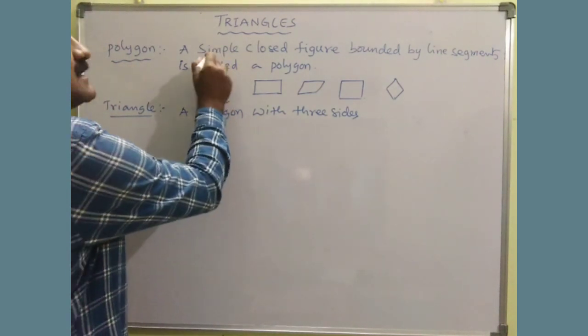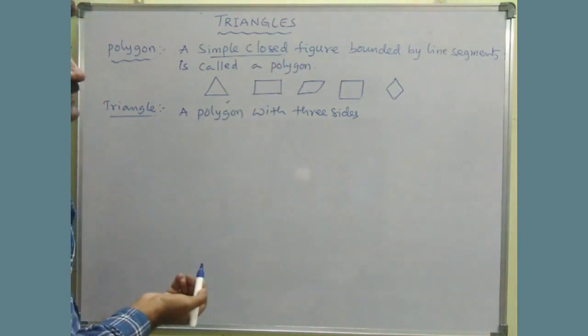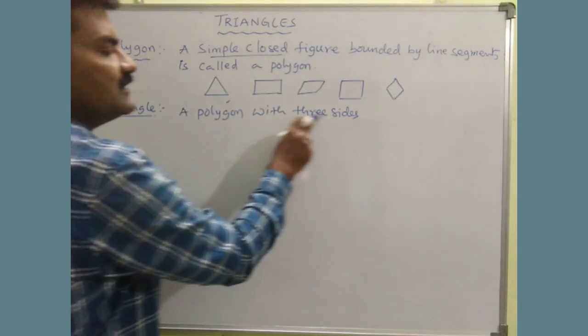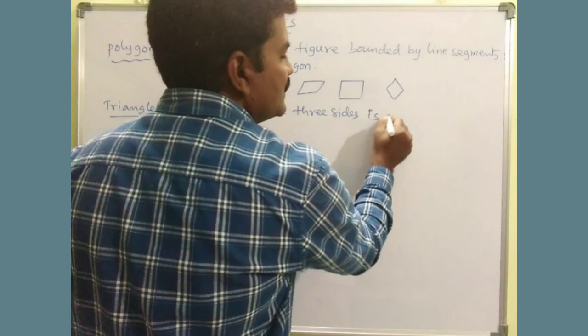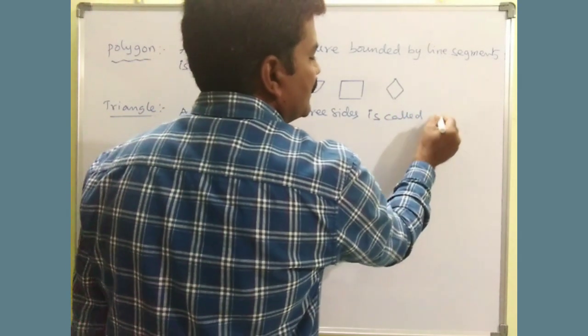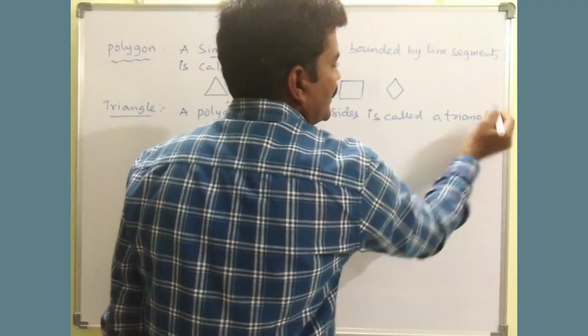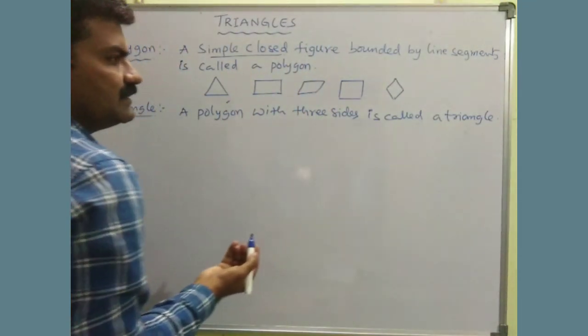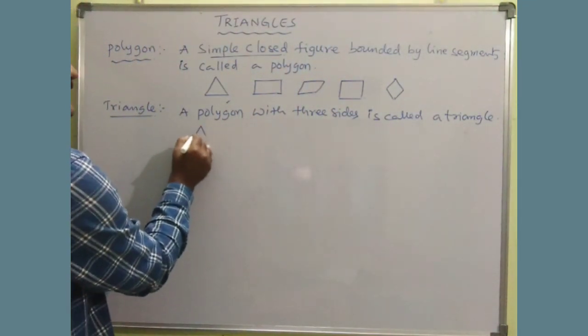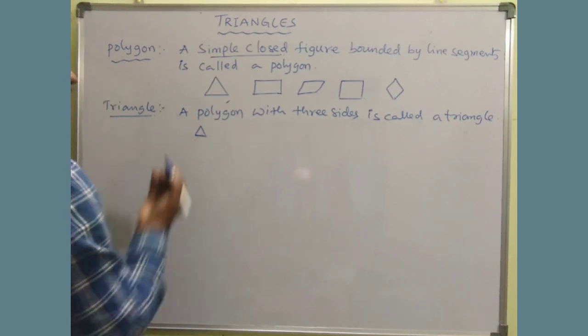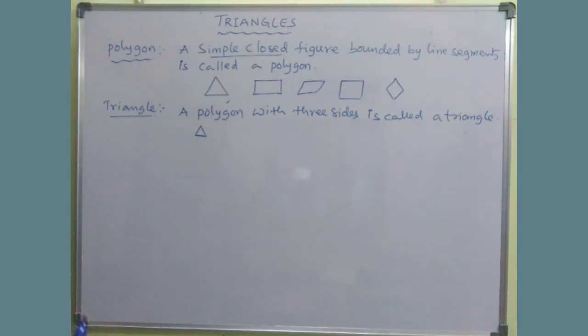Polygon means it is already a closed figure, isn't it? Now a polygon with three sides is called a triangle. Right. And usually we denote, this is the symbol to represent a triangle. Fine.